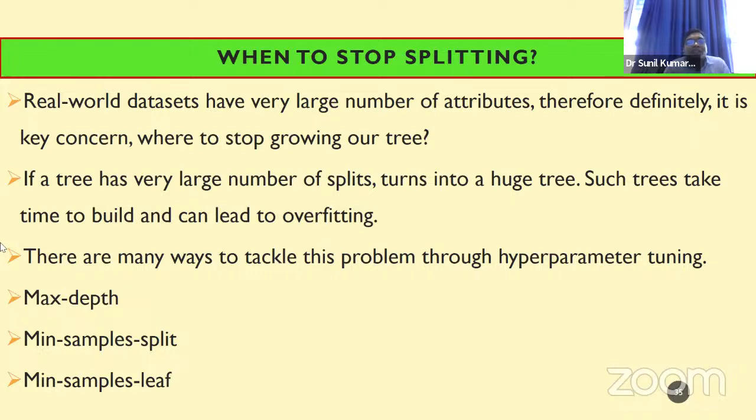So look at here, when to stop splitting. Forget about these splitting criteria. If we go with what I have seen in the previous slides, reaching terminal nodes where the records belong to the same class, then it may suffer from the overfitting problem, because the model is reading very intense information from the data set.